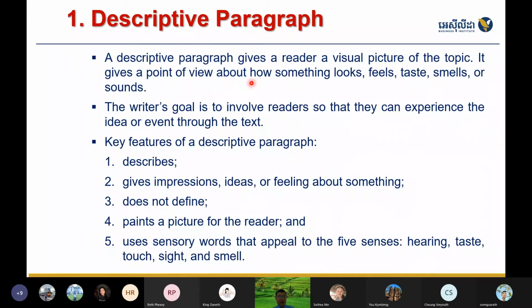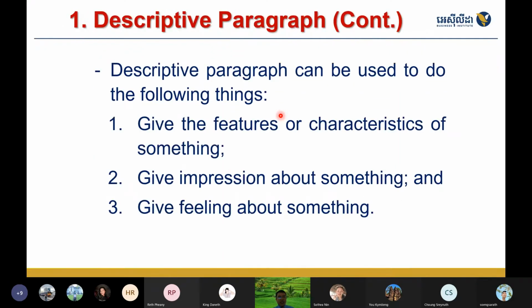The key features: first, you have to describe, give expression, idea, or feeling about something. Number 3, does not define. Number 4, paint a picture for the reader. And the last one, use five sensory words that appeal to the five senses like hearing, taste, touch, sight, and smell. So these are the key features and the definition of a descriptive paragraph. Okay, we move to the next.